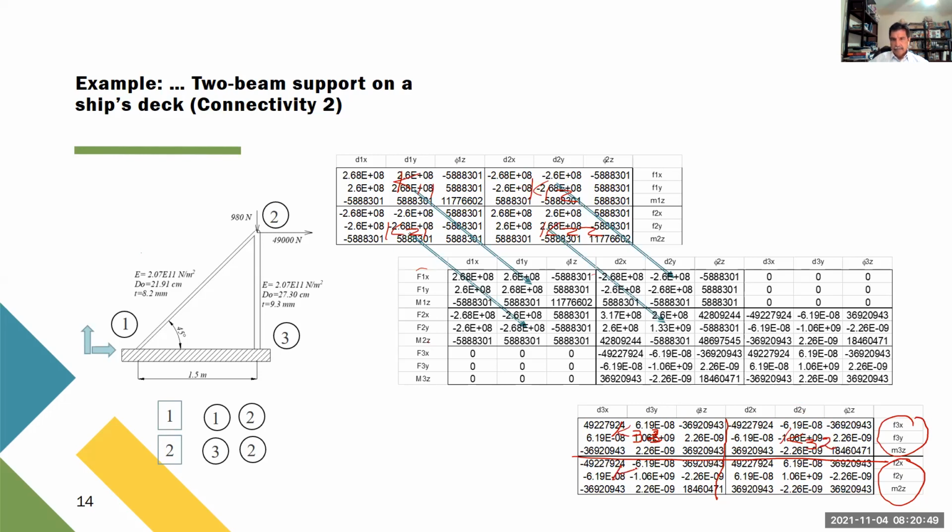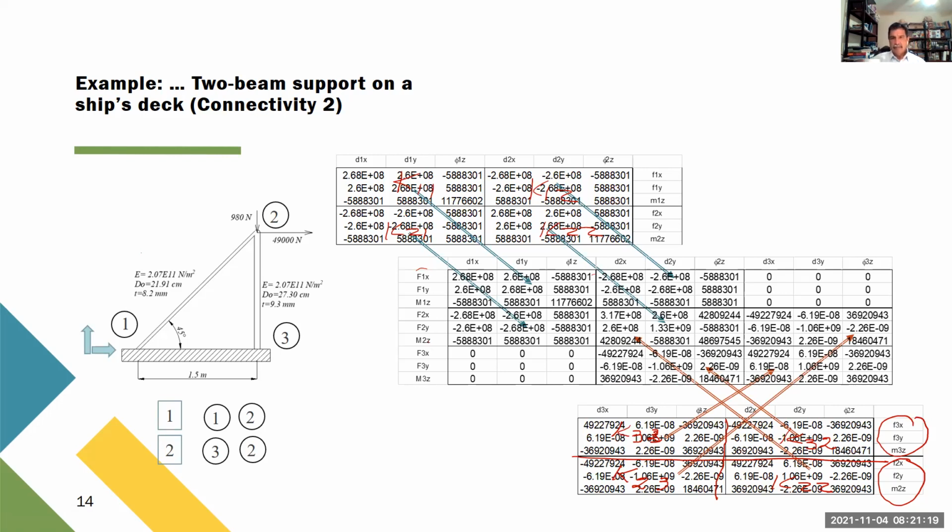This is K, row 2, column 3, this is K22. So this is 3, 3. Okay, so that's 3, 3. This is 3, 2. So you take these values and you put them in here. There. That's how this matrix is formed.